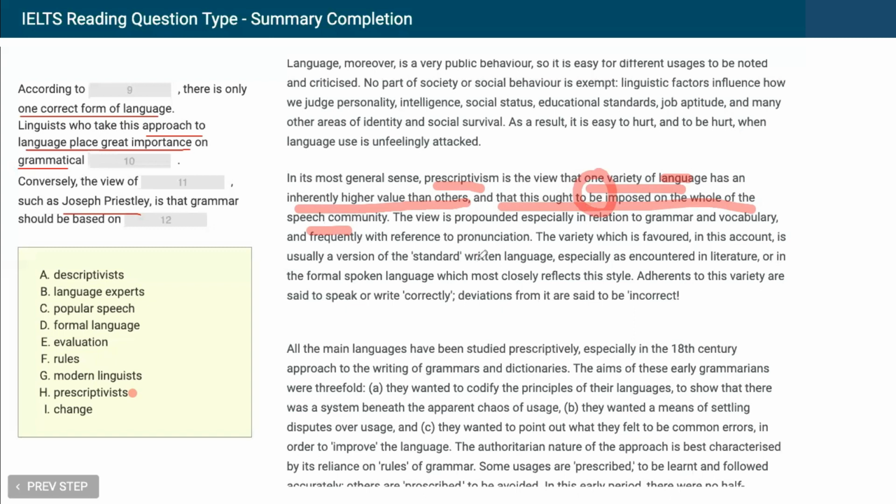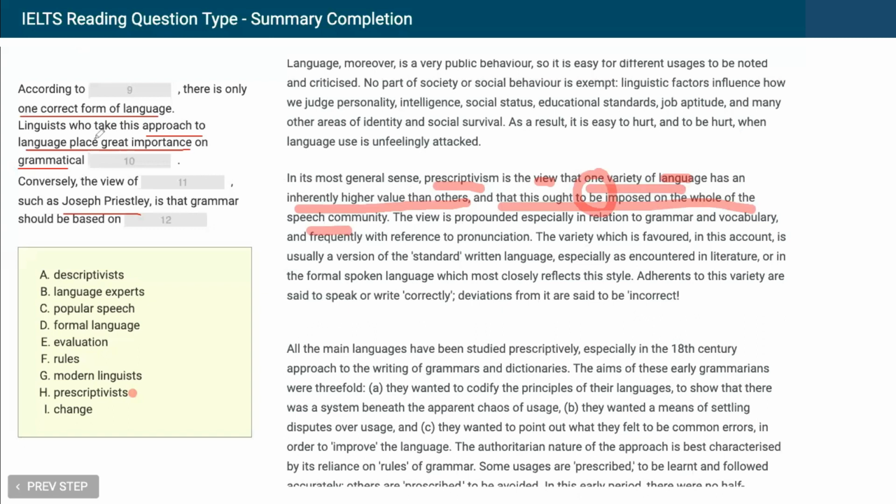So you see how the wording is different. The wording is even different for prescriptivism and prescriptivists, because here we're looking at people, here we're looking at the idea or the view. However, this would prove number 9 as correct if we put in prescriptivists, because according to the people who believe in this idea of prescriptivism, there is only one correct form of language. Or in other words, there is one variety of language that has an inherently higher value than others. So there we go.